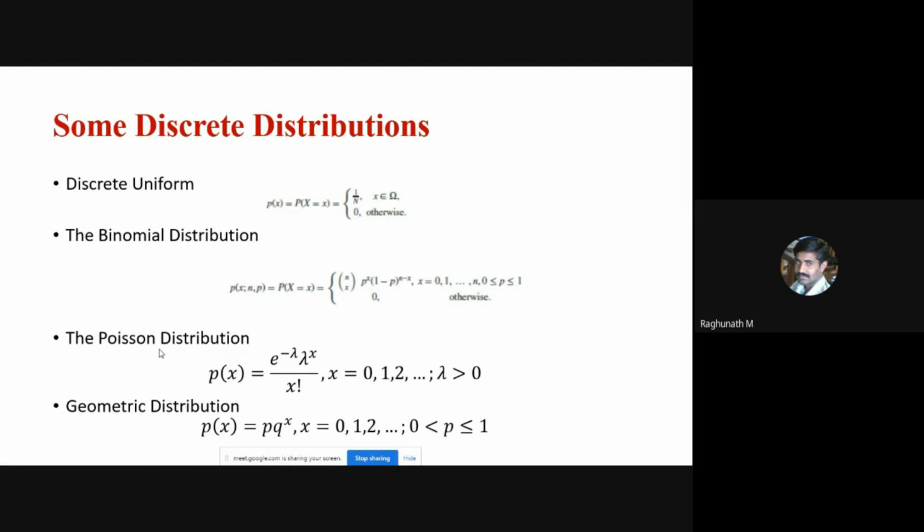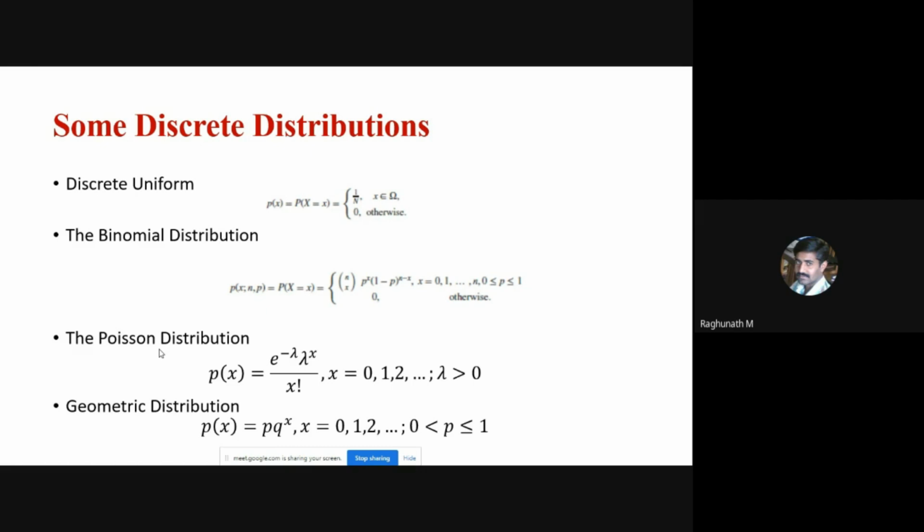Such data is also available in many places in the US, and they are modeling that data using this Poisson distribution. So this Poisson distribution is used to model rare events.